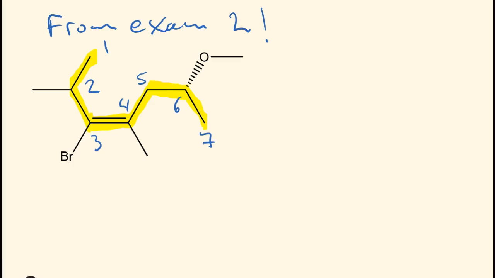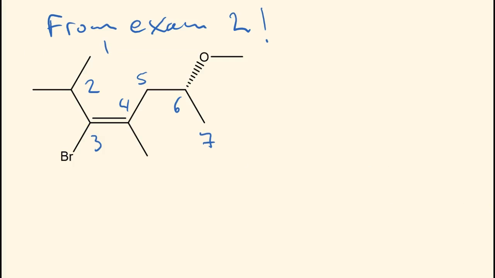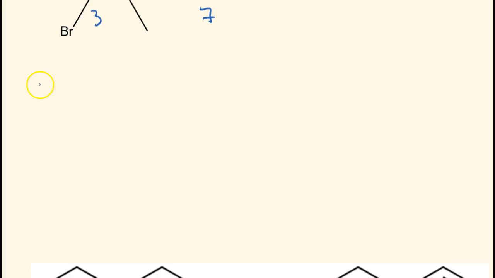So the parent chain is going to be 3-heptene or hept-3-ene. Either one is an acceptable way to end your name. Now let's look at the substituents we have.